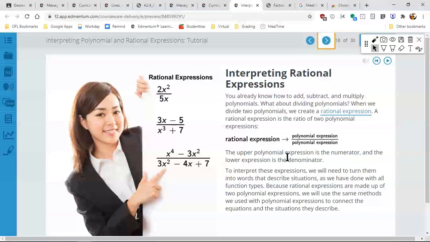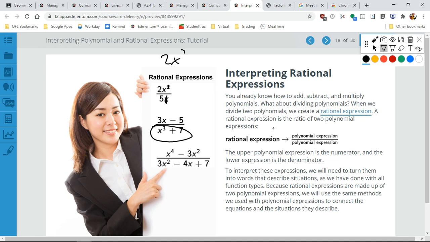So here we're going to learn about dividing. The reason why we learned about factoring is that in order to divide, we have to factor. Factoring is easier because if we factor this, it makes it easier for us to do elimination. For example, if we have this 2x squared, we can cancel out this x with one of these x's because 2x squared would factor into 2x times x.